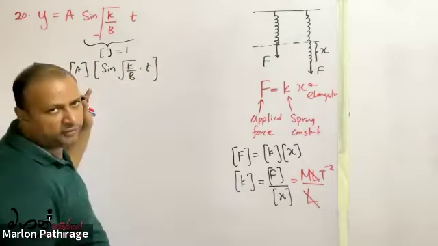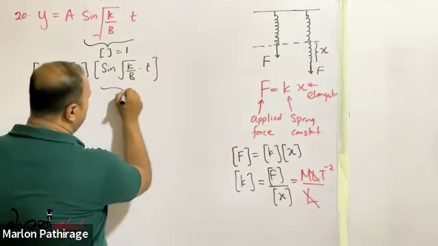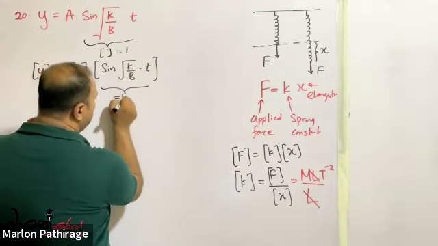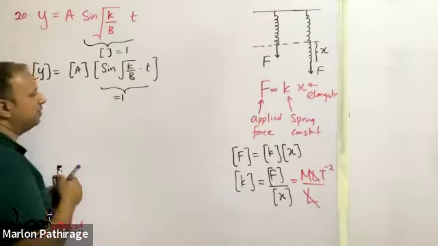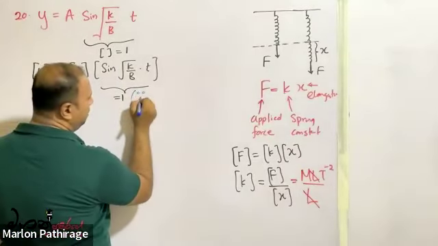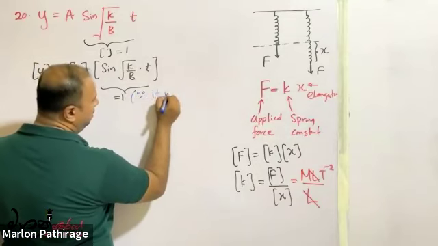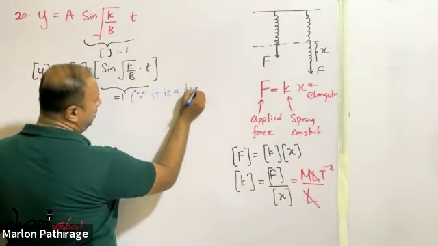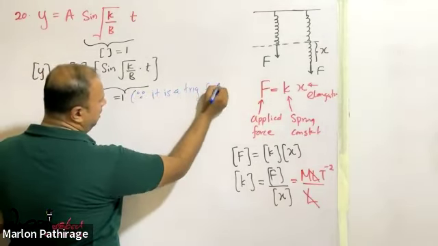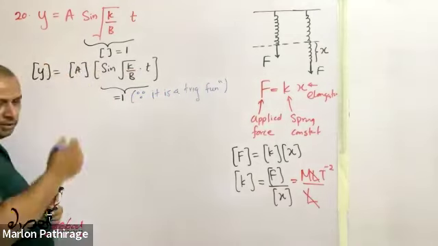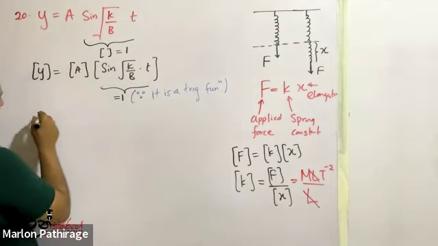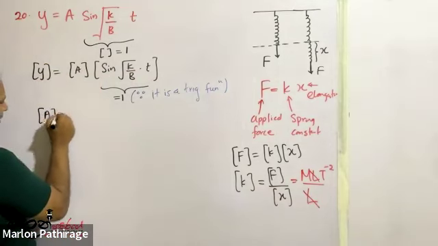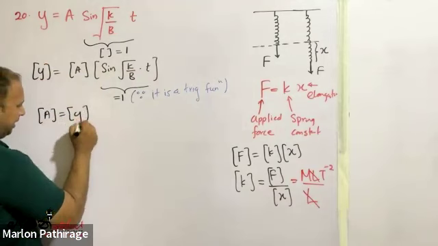As this is a trigonometric function, this part is equal to 1. So dimension of A is equal to dimension of y.